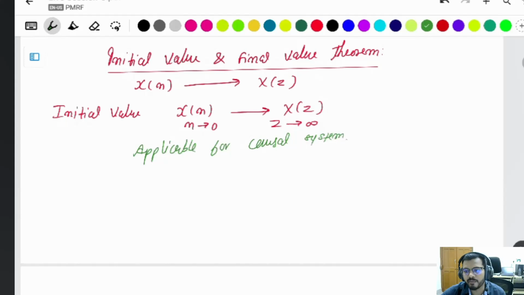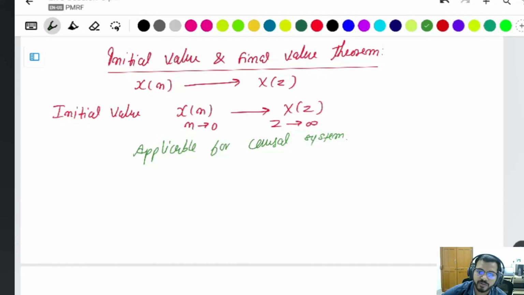Okay, same thing in the Laplace transform. The initial and final value theorems are applicable only for a causal system, because there is no initial value in an anti-causal or non-causal system. There is a minus infinity in an anti-causal system.